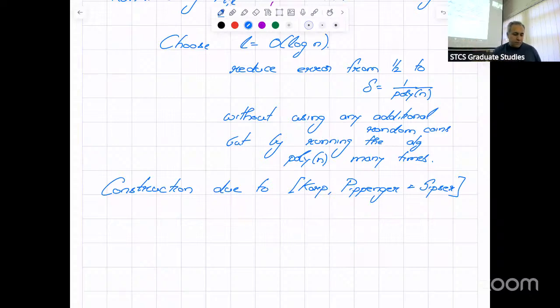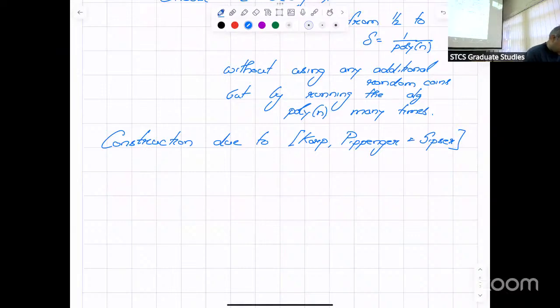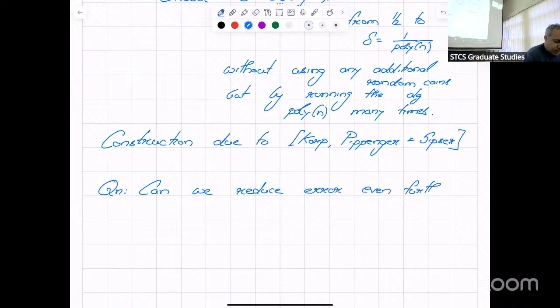So basically this question comes from, can we reduce error even further, maintaining poly time running time?